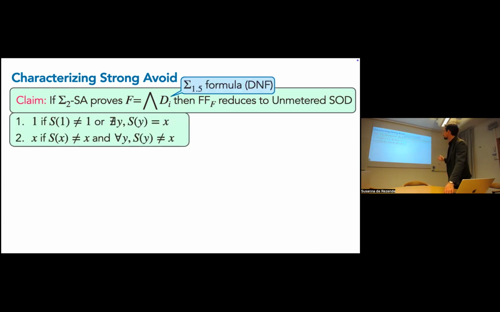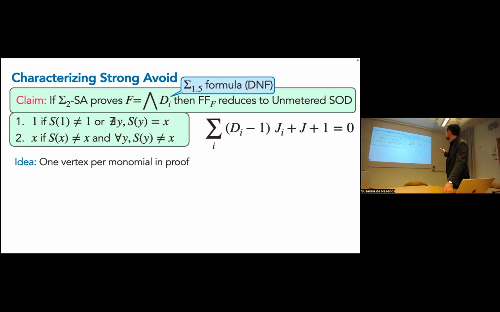Okay, so we can study this unmetered source of DAG. If we have a proof of this formula F in Sherali-Adams, it looks something like this. I'm just going to move the 1 to the left-hand side. And so we're going to construct an instance of unmetered source of DAG from the Sherali-Adams proof.